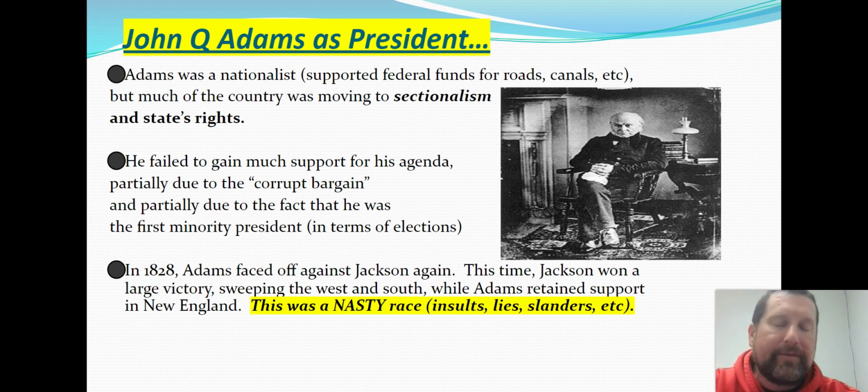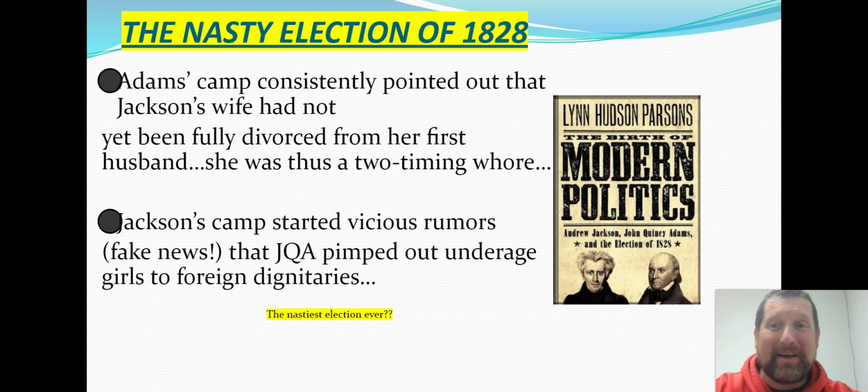He absolutely dominates JQA in the election of 1828 in what is a particularly nasty election. It's probably the first of what we would think of as a modern political election, with some incredible mudslinging, insults, lies, slanders. Again, I can draw a parallel to Andrew Jackson and Donald Trump. Adams' camp was not innocent at all himself.